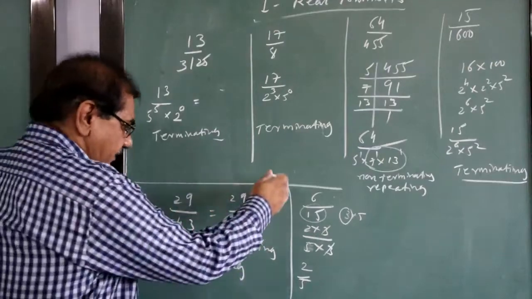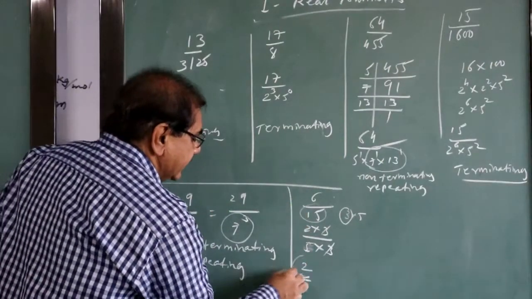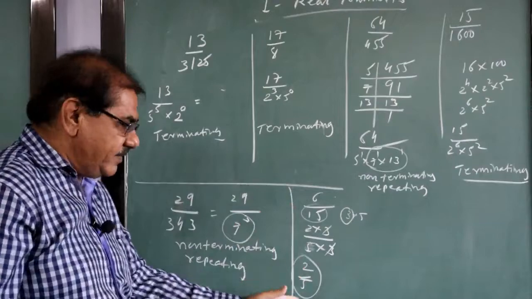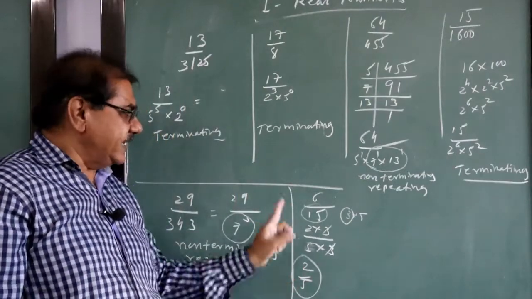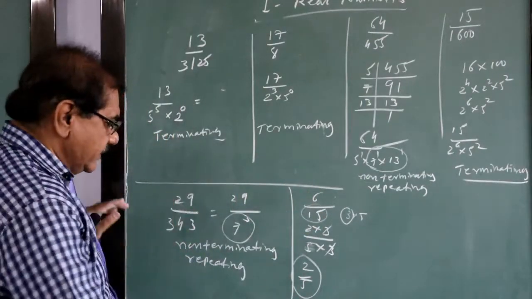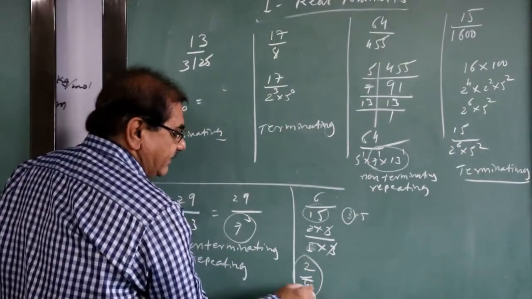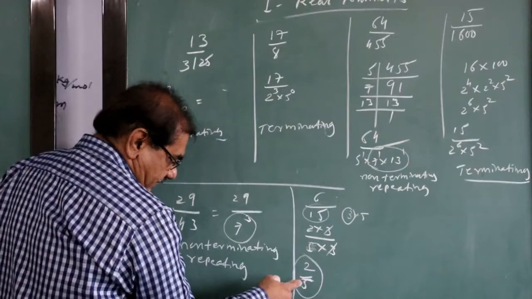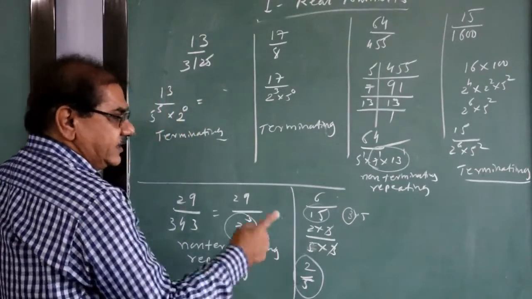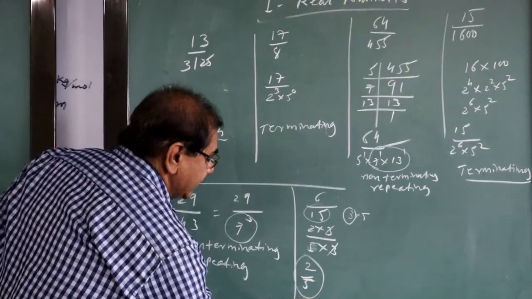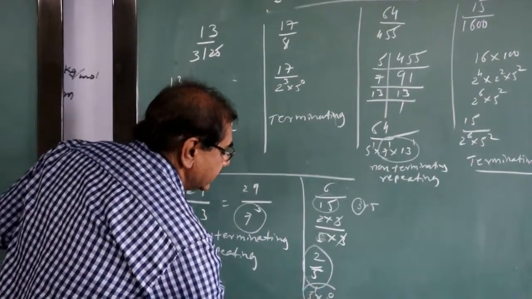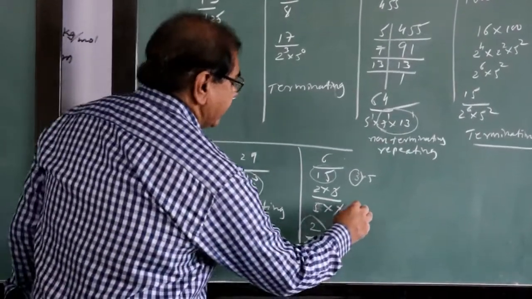Don't say like this. First of all, simplify it and get the reduced form, and finally decide whether it is terminating or non-terminating. So after simplifying, the fraction p upon q has the prime factorization of q in the form of 5 raised to 1 into 2 raised to 0. So it is terminating.